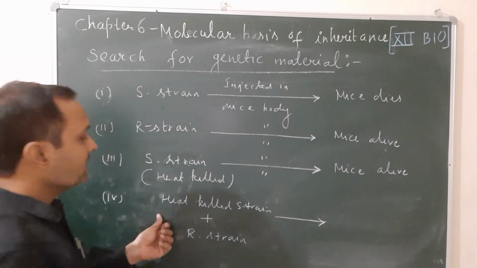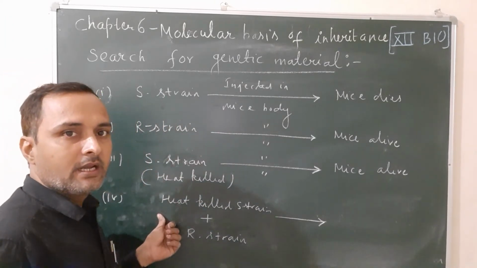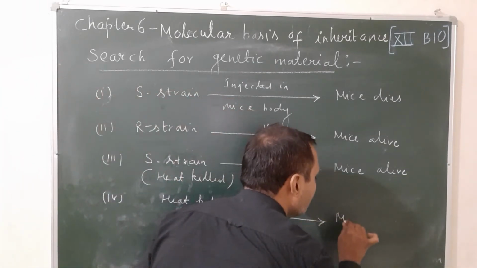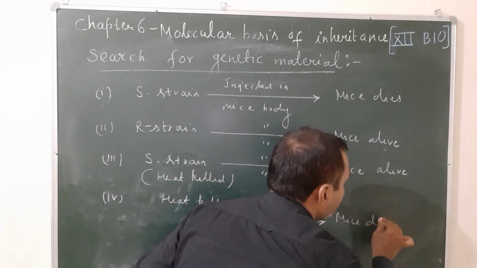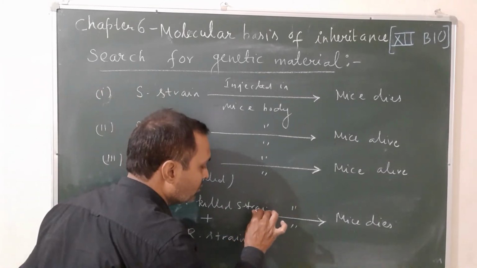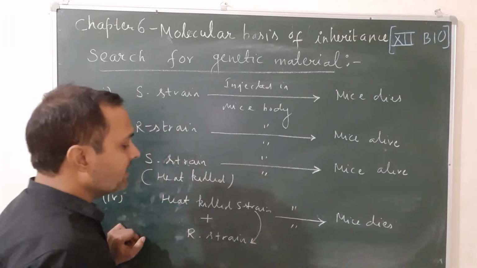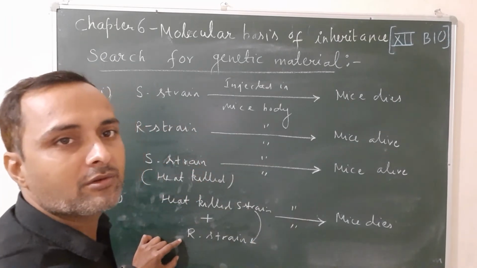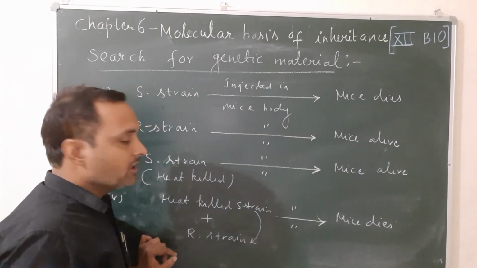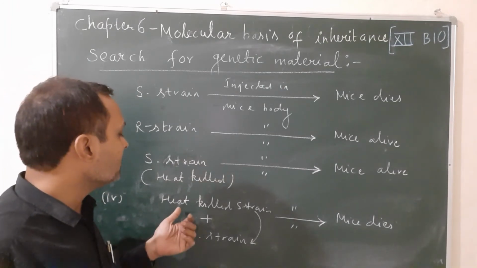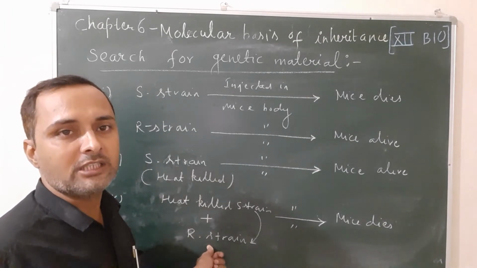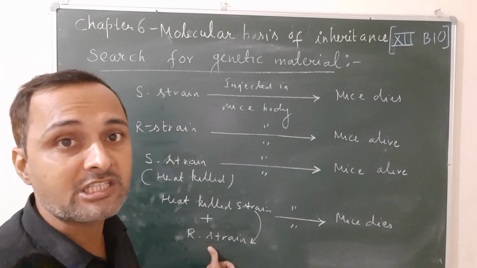The mice die. The reason was that a certain chemical substance was transferred from the S strain to the R strain. As a result, the R strain became S-like and pathogenic, and the mice died. But he was unable to find out which chemical substance was transferred from the S strain to the R strain, and he named that chemical substance the transforming principle.